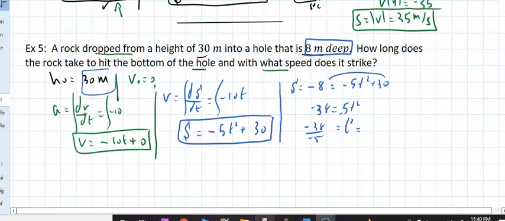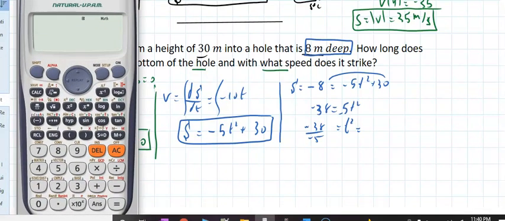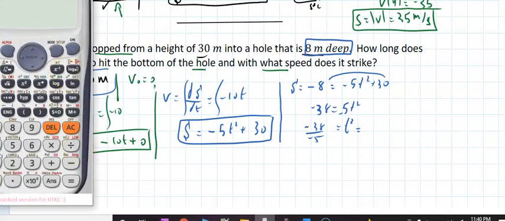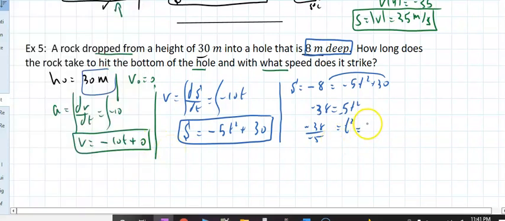And that would be, if I get my calculator out, and here it is. Oh my god, it hates the pointer, it wants the actual mouse. If I take 38 divided by 5, so roughly 7.6, and if I take the square root of that answer, it'll take about 2.8 seconds, roughly 2.8 seconds.